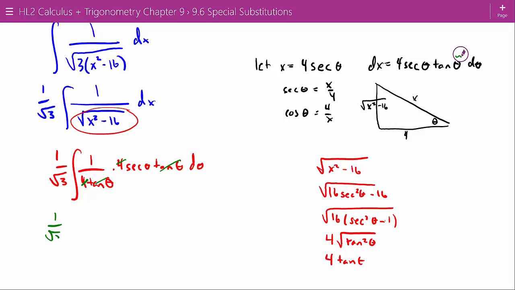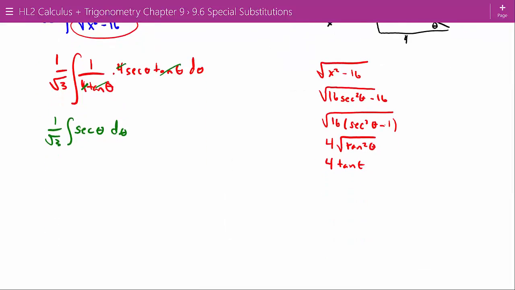We have 1 over square root 3 integral of secant theta d theta. And I said we'd need the integral of secant theta, and here's where we need it. 1 over square root 3 times the natural log, absolute value, secant theta plus tangent theta plus c.